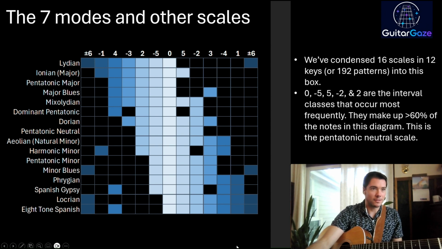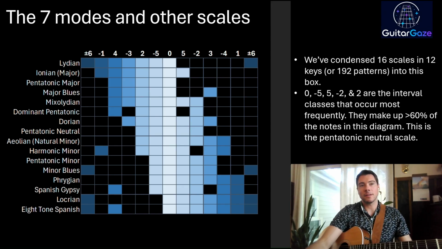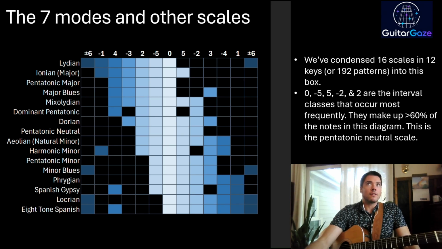So the only difference between the harmonic minor and the Spanish Gypsy is that the shapes are shifted up a string. That's readily apparent on this diagram, and that would not be readily apparent if you were staring at alphabetical note assignments. So that's pretty cool in and of itself.